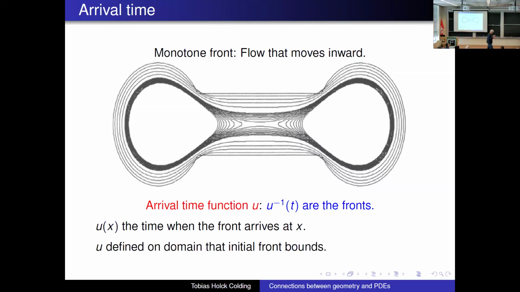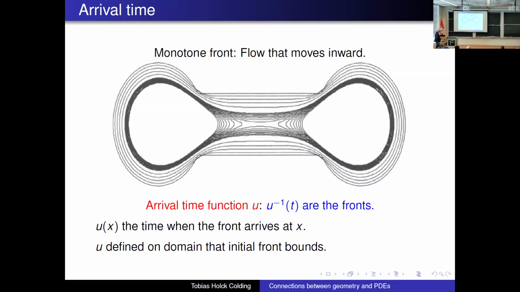If you take the mean curvature flow in each of these two examples, it's going to move inward and keep moving inward. This corresponds to the mean curvature being positive. Now, if that's the case, then you can turn the parabolic problem into an elliptic problem.